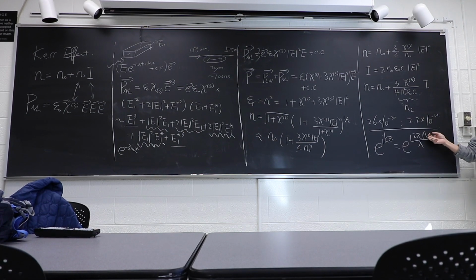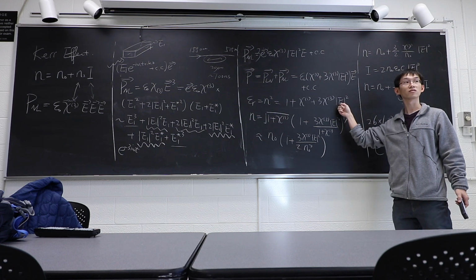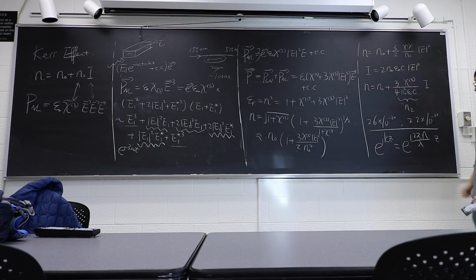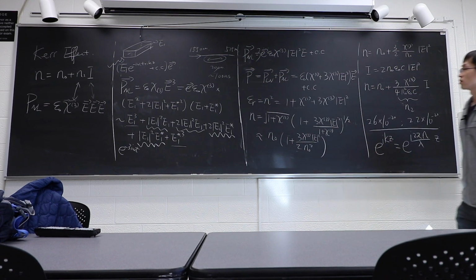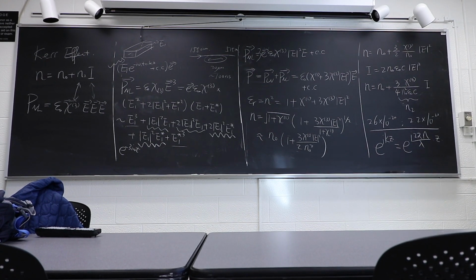So if your refraction index changes because of your own power, your own electrical field, then you're causing a phase modulation based on your own electrical field. So that's called self-phase modulation.